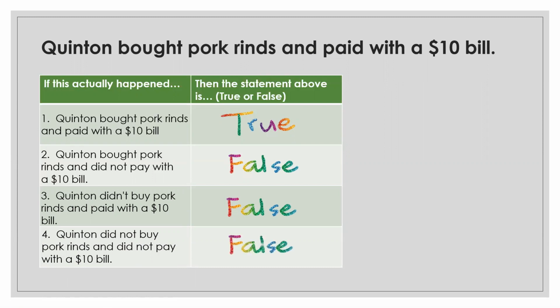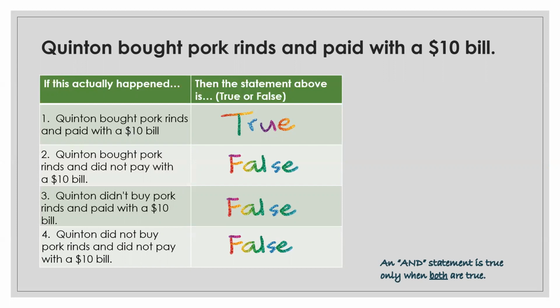It is definitely false. Okay, so as you can see here, those are all the possibilities that could happen in terms of the truth of this statement. And we can see that when we have an and statement, it is only true when both parts are true.